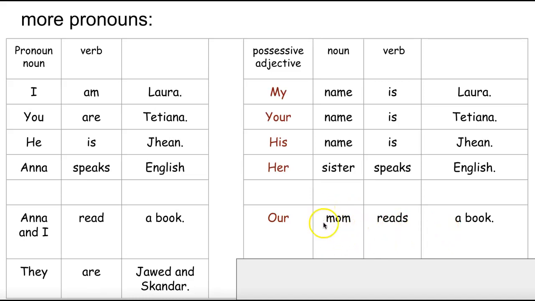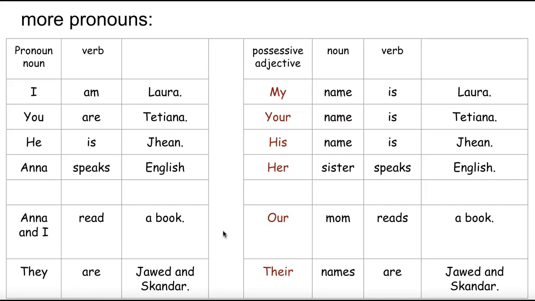The noun is mom. The verb is reads. But this is showing that the mom is our mom. Anna and my mom. Not Jawed and Skandar's mom, but Anna and my mom, our mom, reads a book. And the last one is, their names are Jawed and Skandar. So the possessive adjectives are my, your, his, her, our, their.